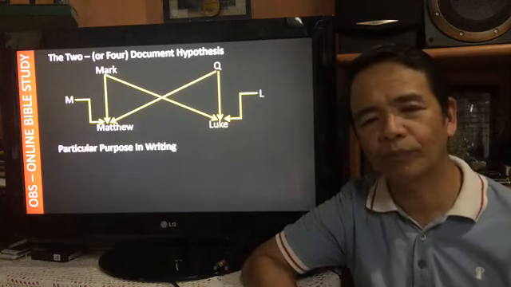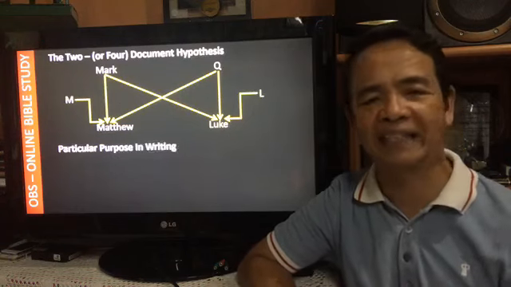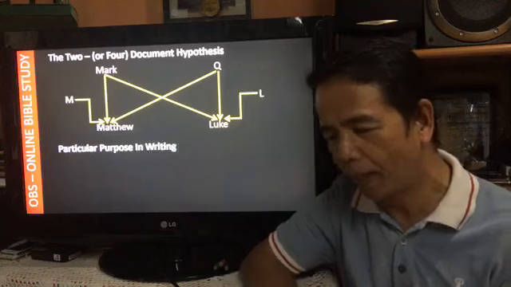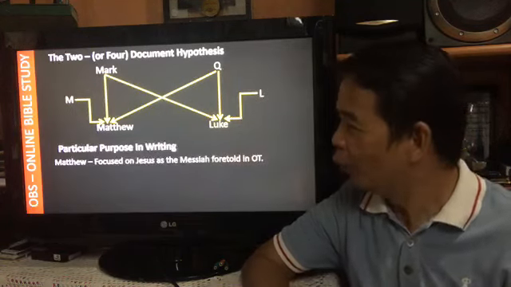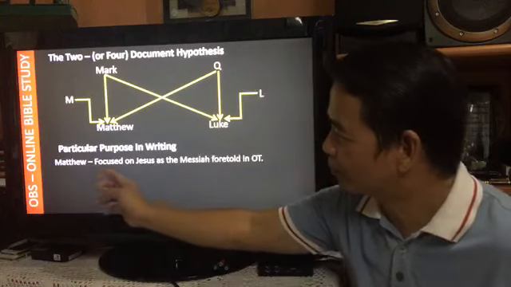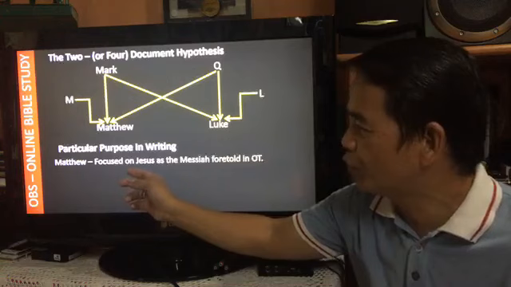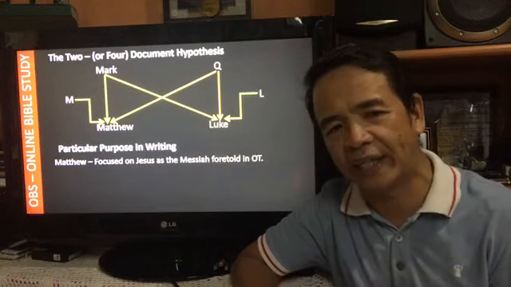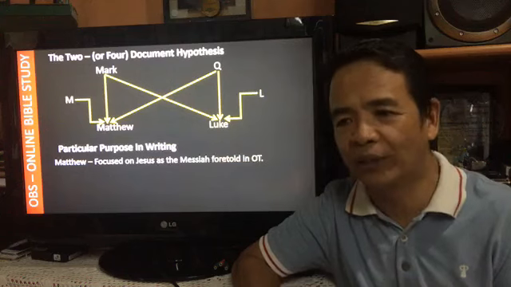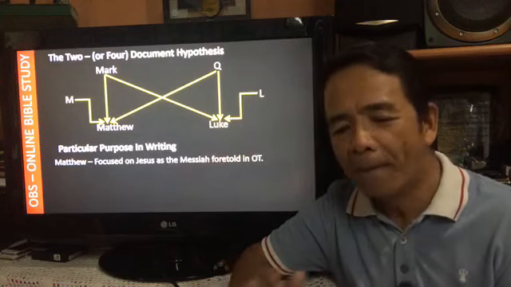Having said that, let us look now at the particular purpose of writing for the first four Gospel writers. We all know that when Matthew wrote his Gospel, he focused on Jesus as the Messiah foretold in the Old Testament. That is why we can read a lot of Old Testament passages.